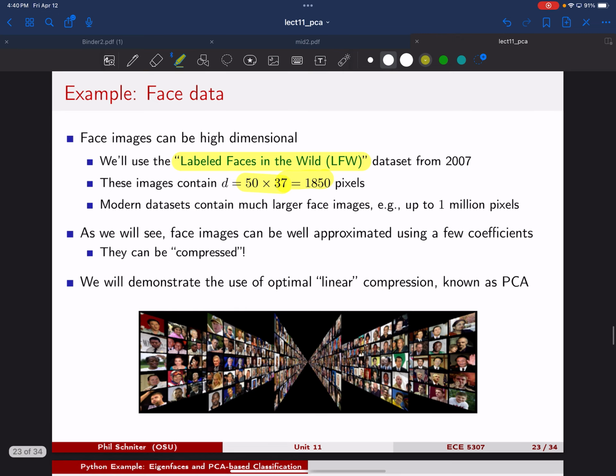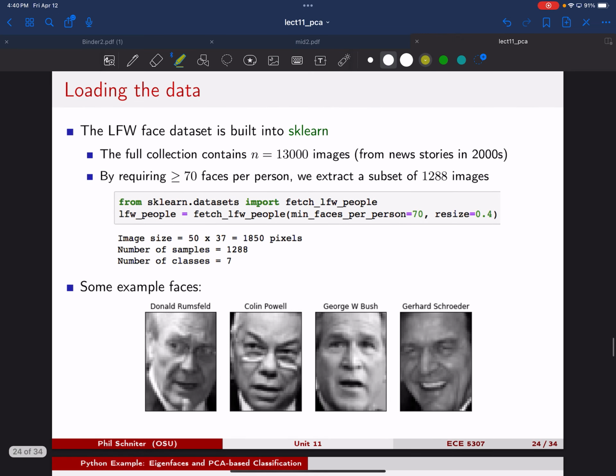This data set is built into sklearn. The full data set has 13,000 images. These images are all from news stories in the 2000s. Rather than using all 13,000 images, there's a way of asking to get at least 70 faces per person.